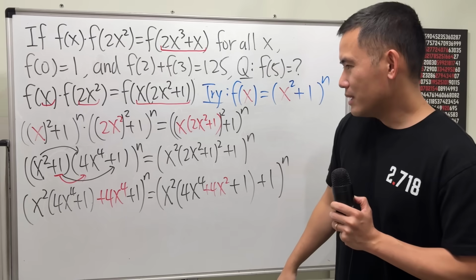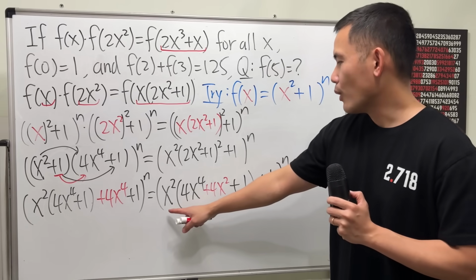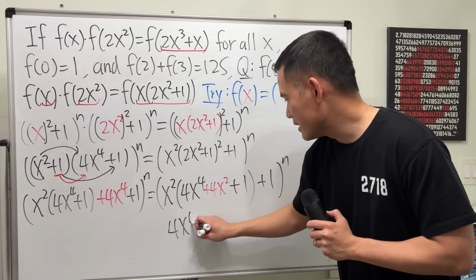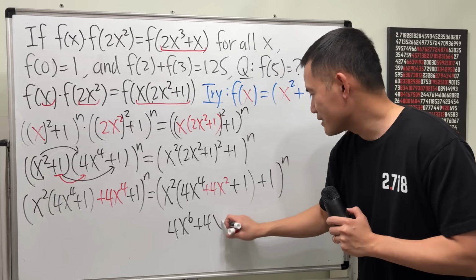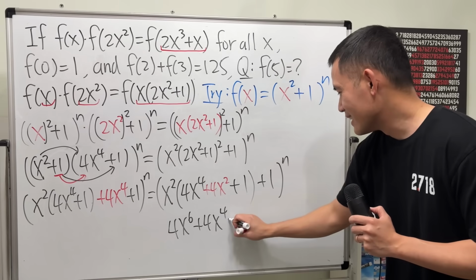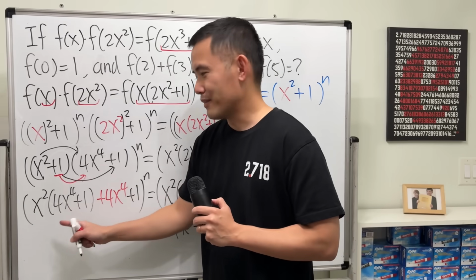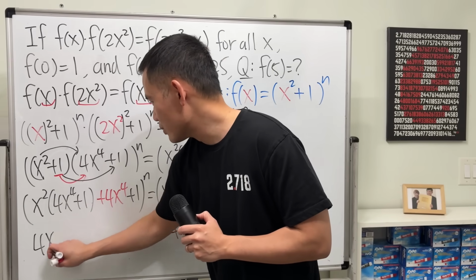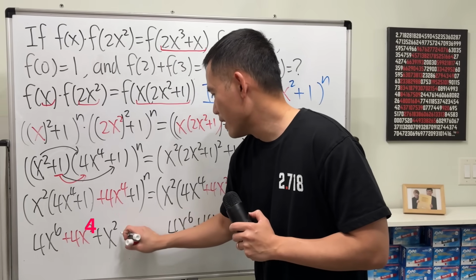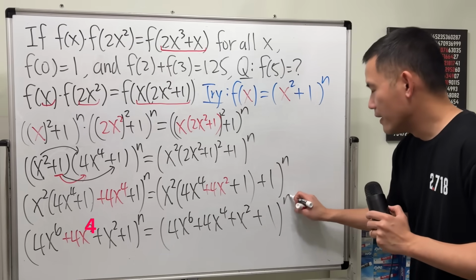Now, ladies and gentlemen, you see that if you distribute, this thing is 4x to the 6th power and then plus 4x to the 4th power. Yes, and then plus x squared and then plus 1. That's exactly what we have right here. So this and that is 4x to the 6th power, and then plus x squared and then plus 1. And then both of them are to the nth power.